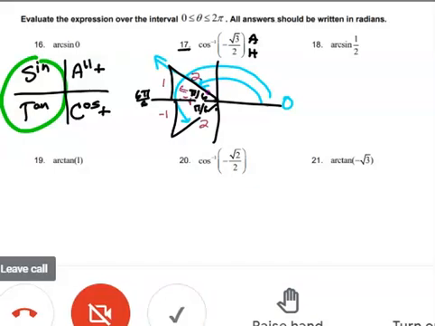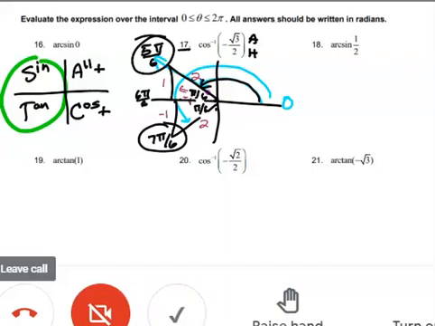I add another 1 over 6, and I end up at 7 over 6 pi. If I'm thinking about this one here, let me just redraw this. It's 6 over 6 minus 1 over 6, which is 5 over 6. There, 5 pi over 6. Okay, so those are the two solutions there.